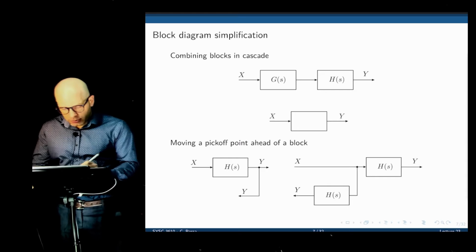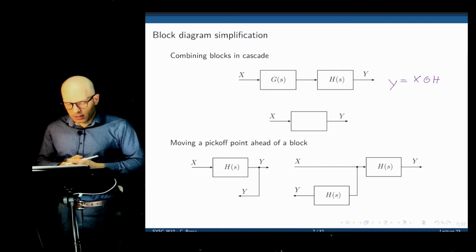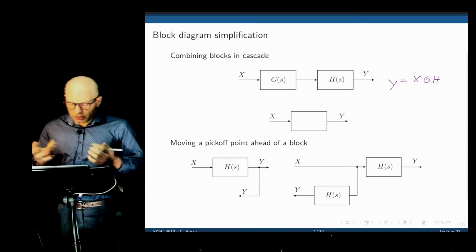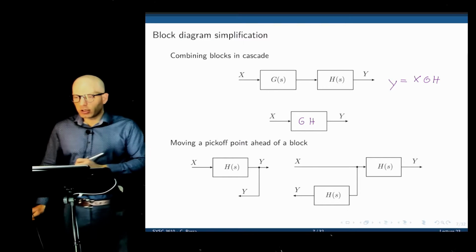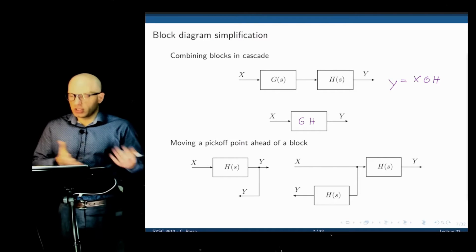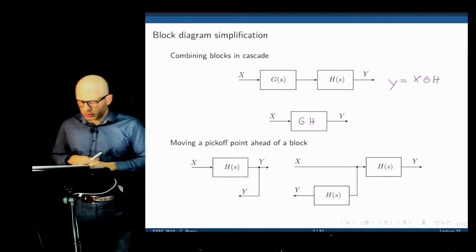And we know at this point that the output here, y, is simply x times g times h. G and h are functions of s, just omitting it here for simplicity. Which means that these two blocks can simply be combined, and we could write g times h into one block. And again, the output is x times g times h. So we maintain the same signal in the system.